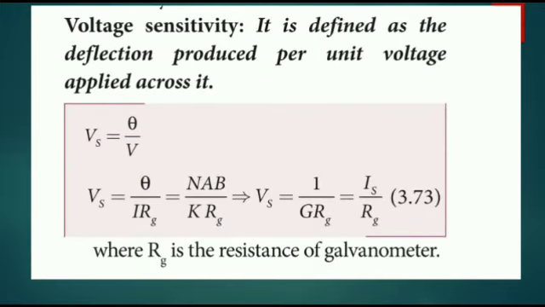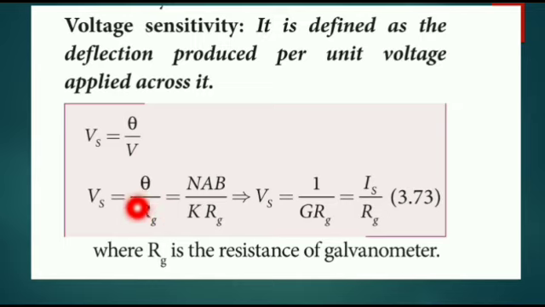Next, voltage sensitivity. Voltage sensitivity is defined as deflection produced per unit voltage. Deflection is theta divided by the voltage applied, V. So Vs is equal to theta divided by V. According to Ohm's law, V is equal to I Rg, where Rg is the resistance of the galvanometer.